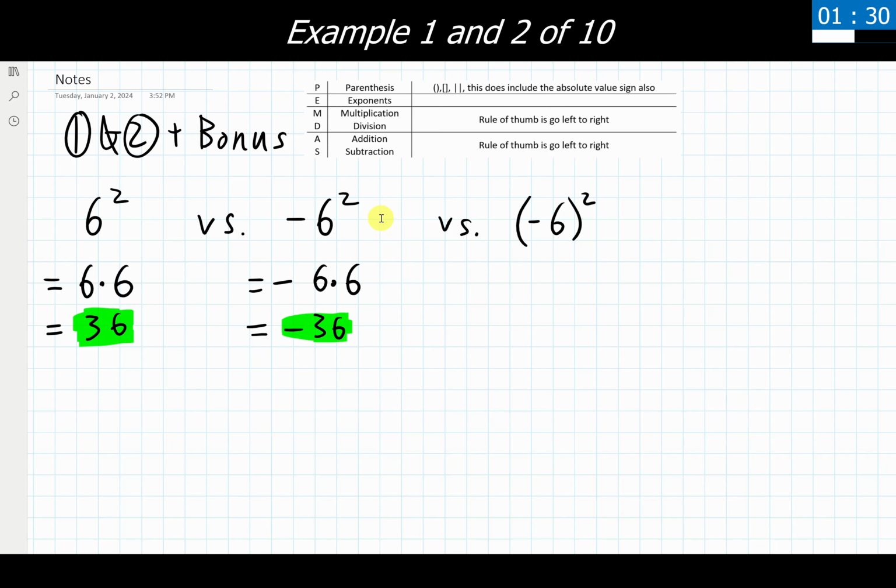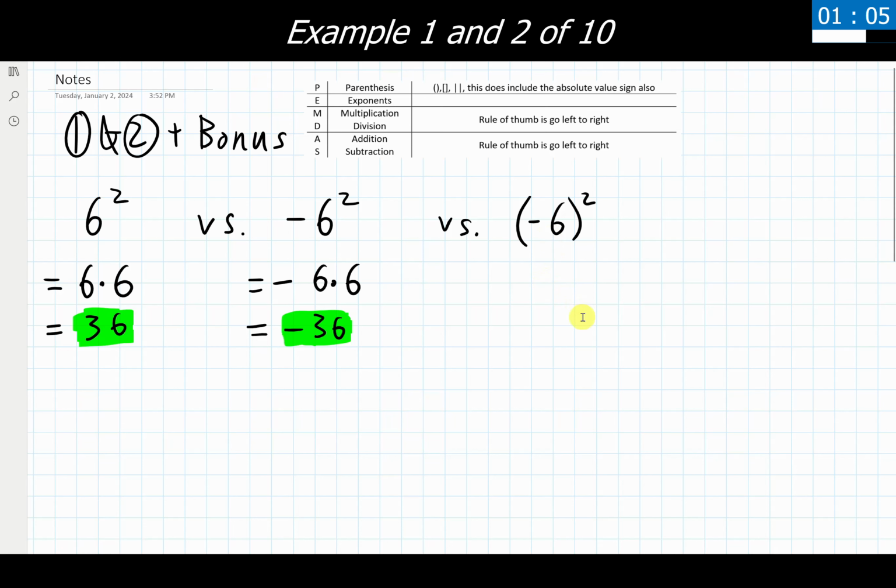However, when that negative sign is inside a set of parentheses like we have with our third example, or the bonus one I should say that we have right here, what is being raised to the second power? It's this set of parentheses that's being raised to the second power. So everything inside of the set of parentheses is going to multiply with everything inside of that set of parentheses.